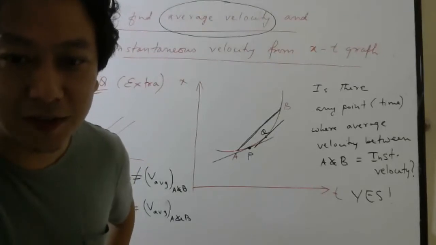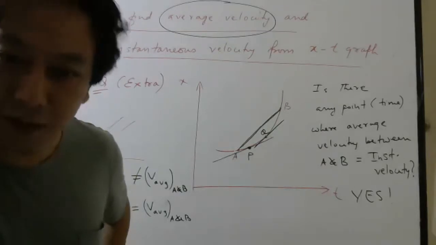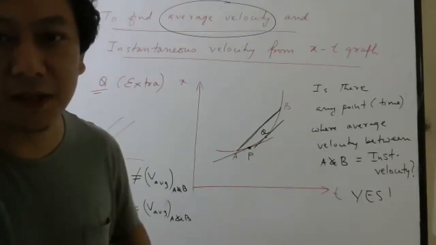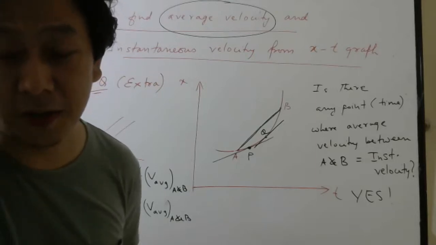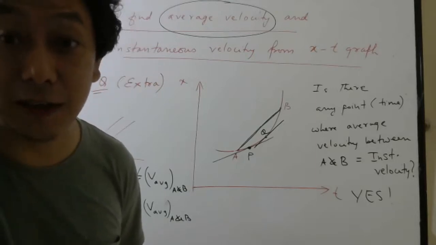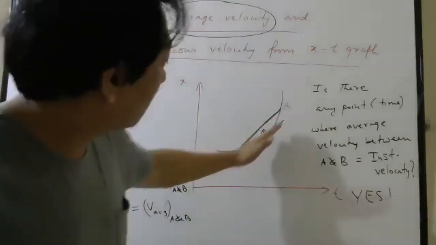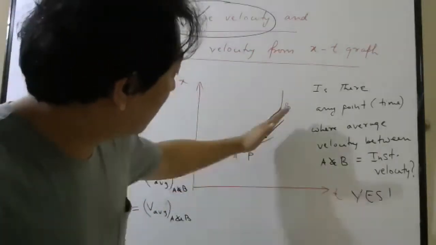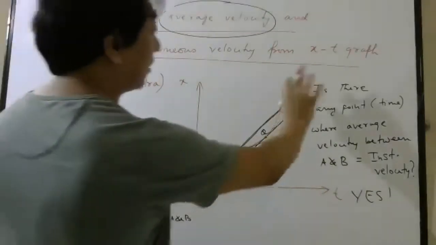Somebody said no? The average marks may be some 85, so somebody may have scored 85. It may not always happen, but it is possible. It is not impossible. So obviously there will be a point somewhere where the instantaneous velocity will be the same as the average velocity.